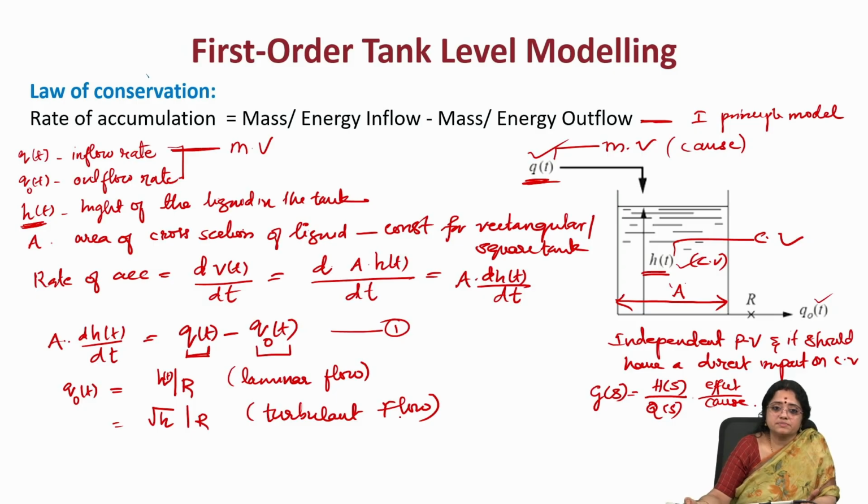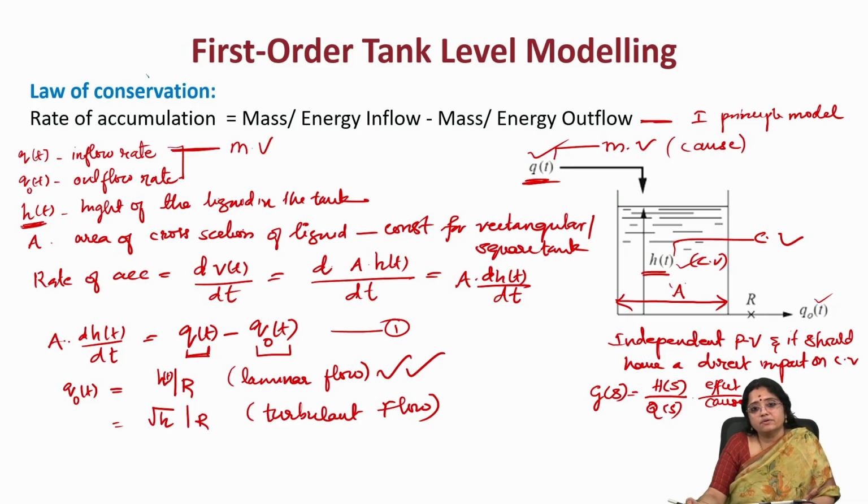In simple liquid level systems, it is generally assumed to be a laminar flow, and the relationship between Q naught and H will be linear in nature. Otherwise, if you are considering a turbulent flow, then we have to consider root H by R. For now, we will be considering a laminar flow. We are looking at a linear model expression here.